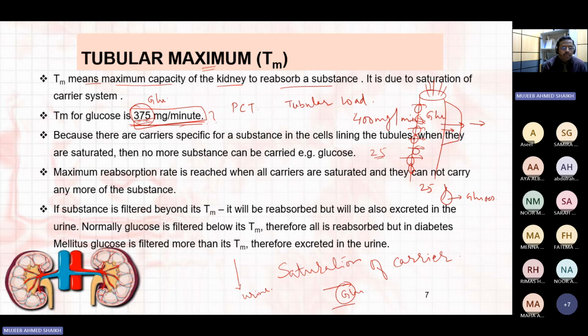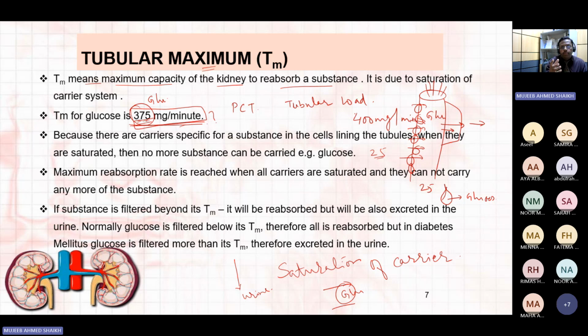If the number of bags increases, let's say to 400, then 375 will be loaded and 25 will remain on the ground. They cannot be loaded because there are not enough hands or carriers to put the bags of sugar into the truck or into the body. So that's why it will appear in the urine. This is the saturation. They are doing their maximum job, and that's why they are not able to handle the excess amount. This is called tubular maximum, and this is tubular maximum for glucose.